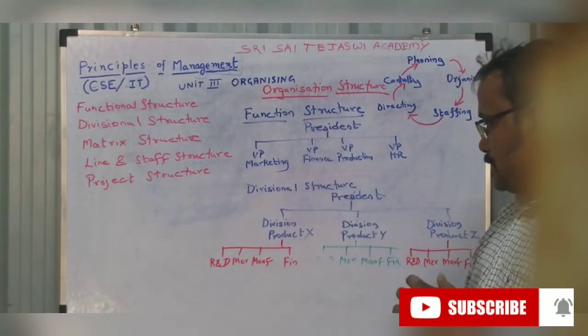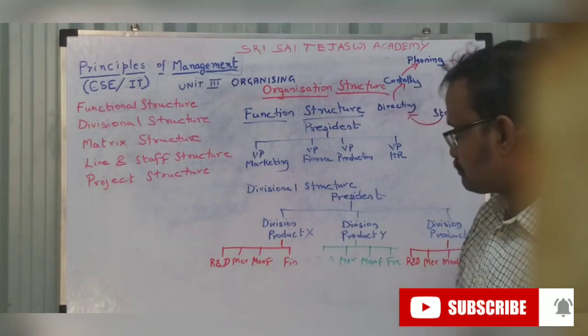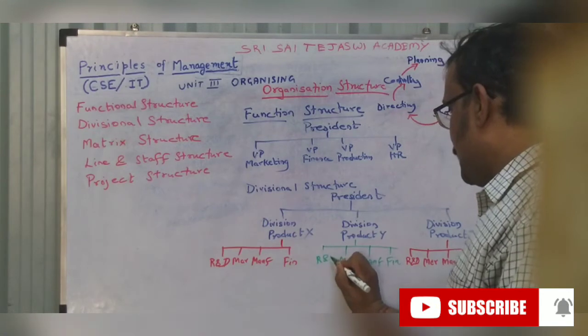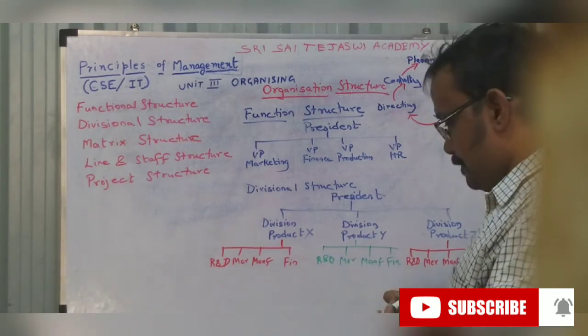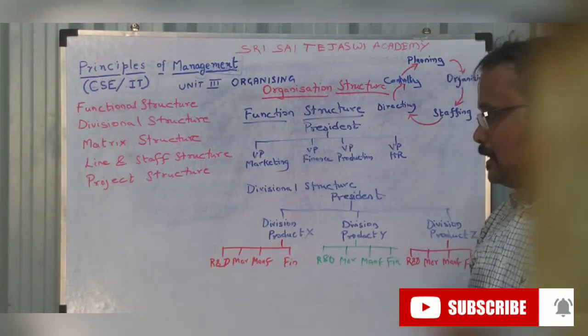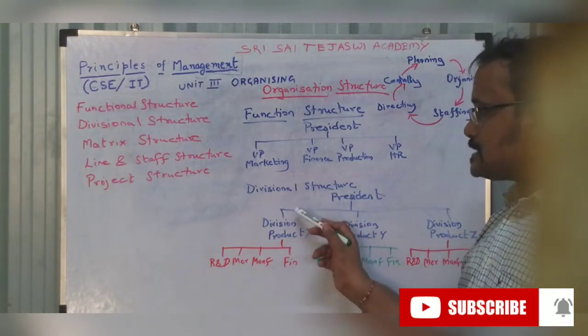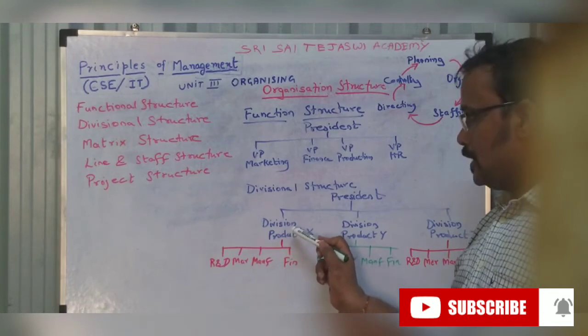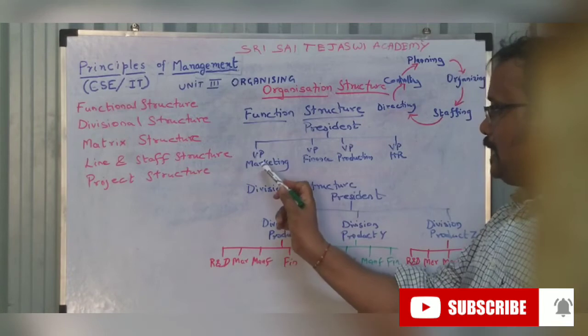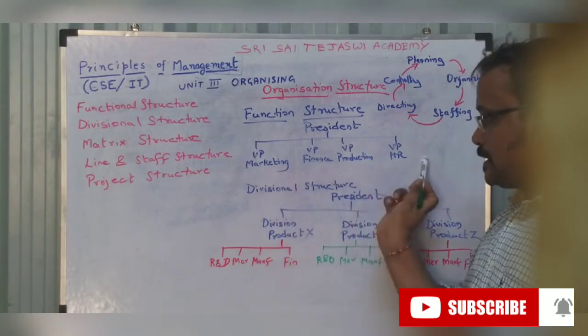Divisional structure. See here. This is R&D. Divisional structure means there will be various divisions. The whole thing comes here: R&D, marketing, finance, production.